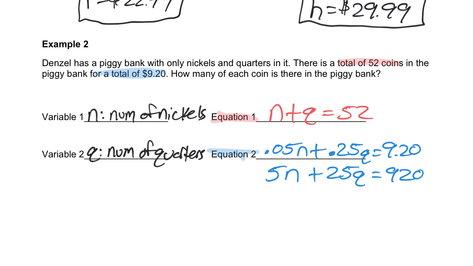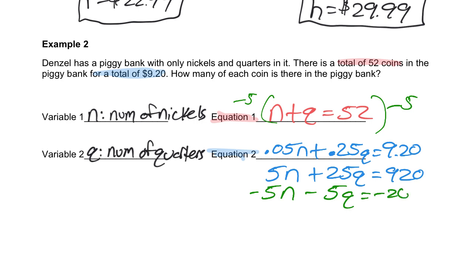So I can easily do elimination if I multiply this top one by, let's say, -5. If I multiply both by -5, I'm going to get a -5n minus 5q equals -260.